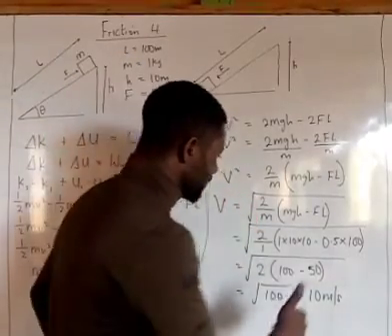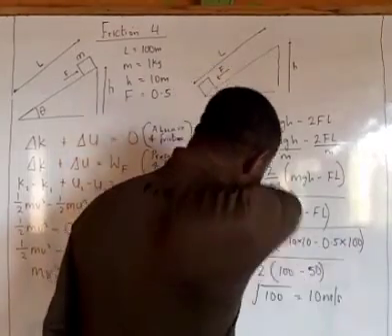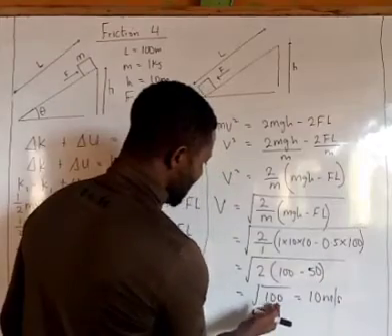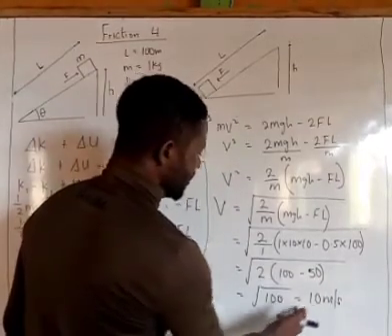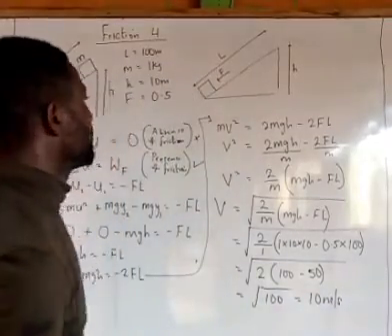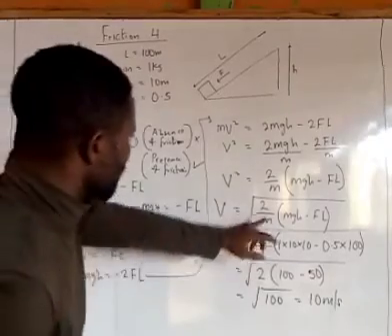So I have times L, which is 100 meter. So from there I have 100 minus 50, which is going to give me 10 meter per second. However, before I stop, when the body is dropped, this is the correct formula.